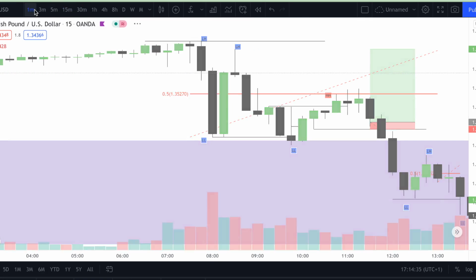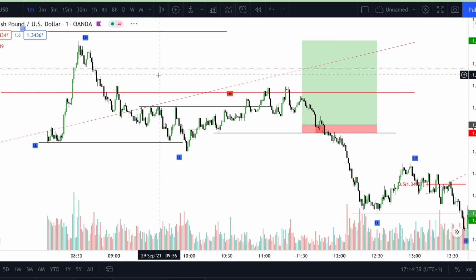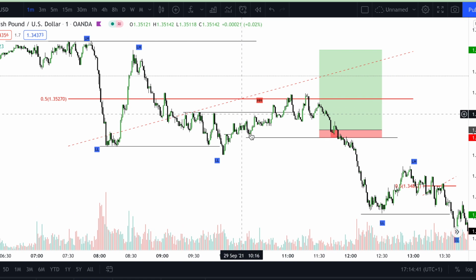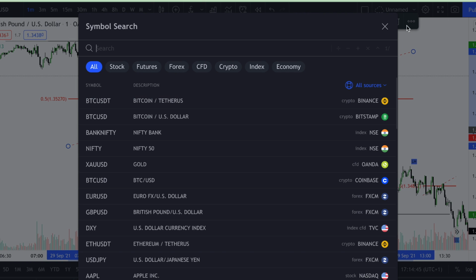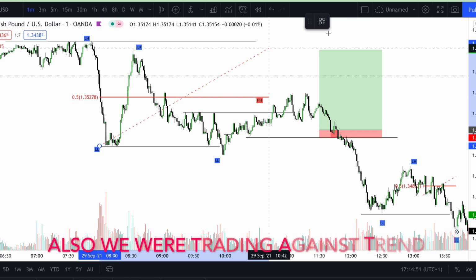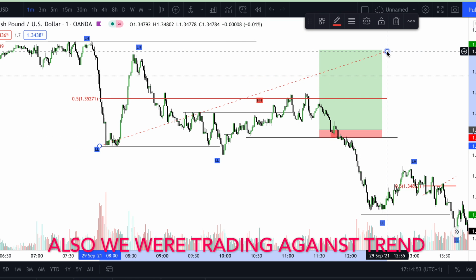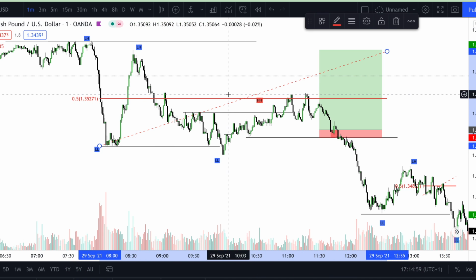So what actually happened is, on a lower time frame, price was making higher highs over here. But what I didn't realize was the previous supply and demand zone, which is a lower low to a lower high, lies a fib, and there's a sweet little order block here.